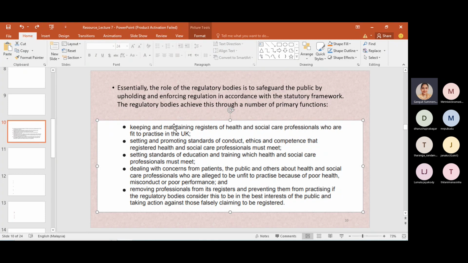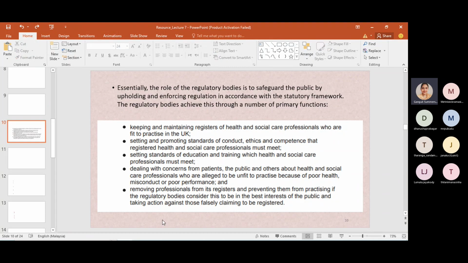Okay, so the regulatory bodies do these functions to ensure public safety. So what are the primary functions done by the regulatory bodies? Here you can see the primary functions.